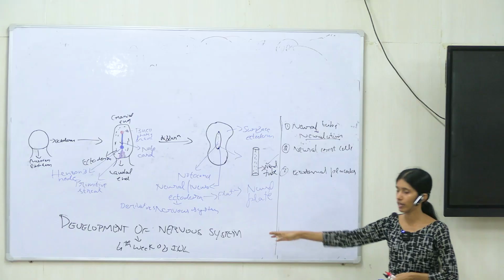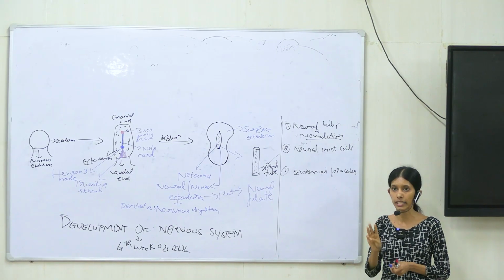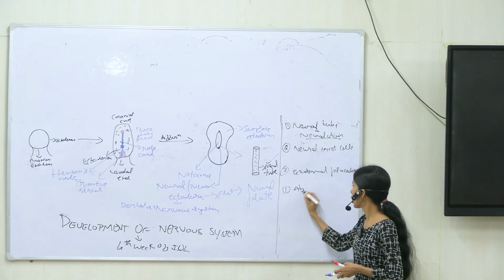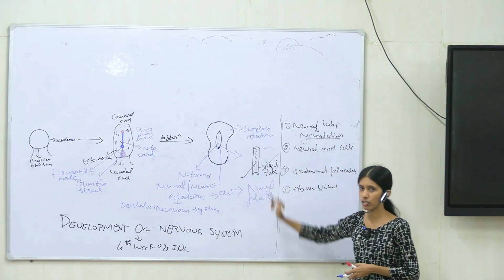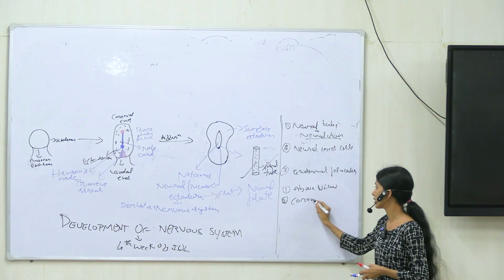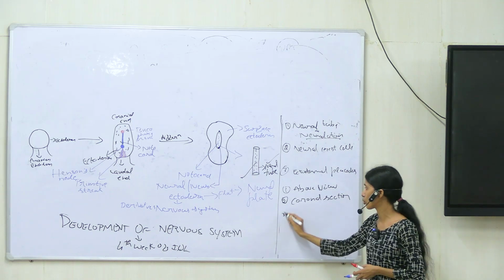For the development of the nervous system, we study the embryo in three aspects. The very first aspect is the above view or top view, which I have explained just now. Other than that, we will study it in two other aspects. The second one is the coronal section.